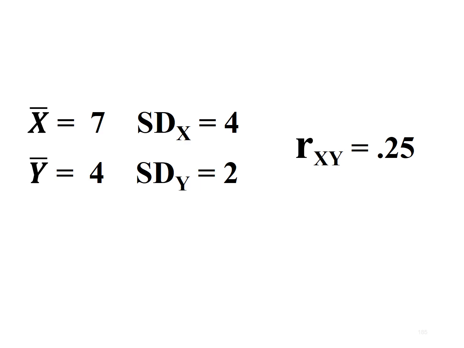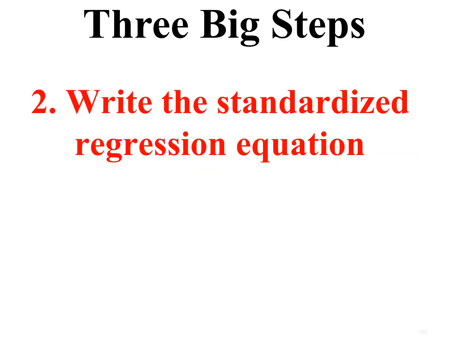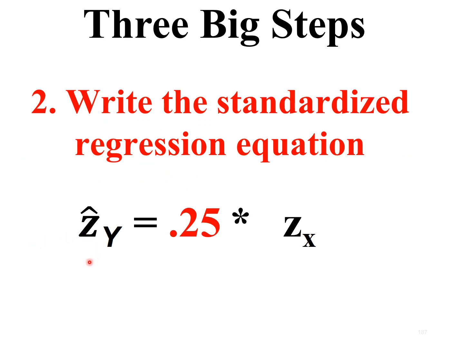The second step is to write the standardized regression equation. Again, remember the standardized regression equation is always going to be Zy equals r times Zx. In this case, r was 0.25, so that's what we plug in for the r value.